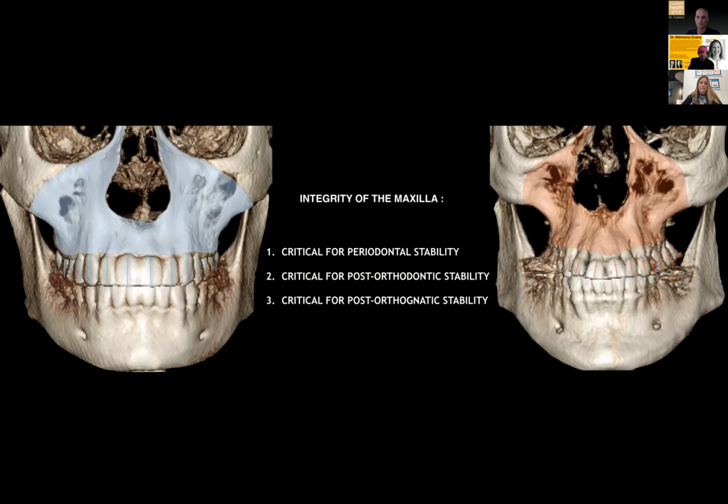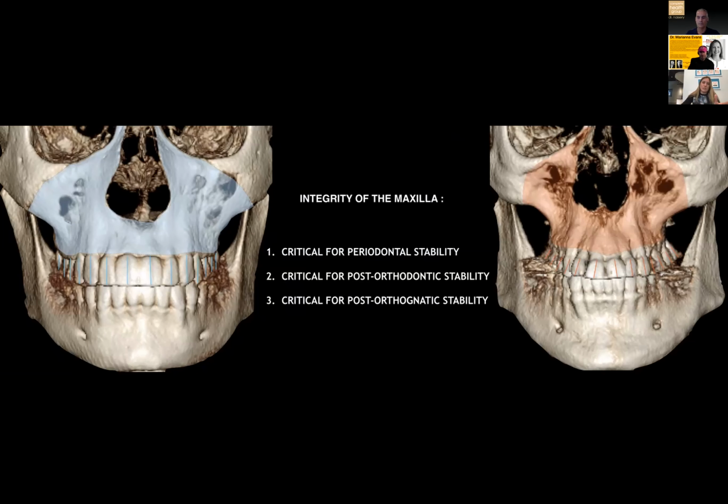What we want is for the maxilla to be the size that allows axial positioning of the teeth in the bone, in axial inclination with the opposing teeth. We want the teeth to be surrounded with bone, and we want a mutually protected occlusion that will protect the joints as well.